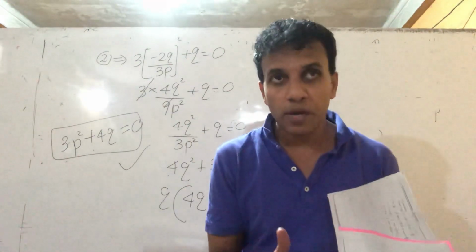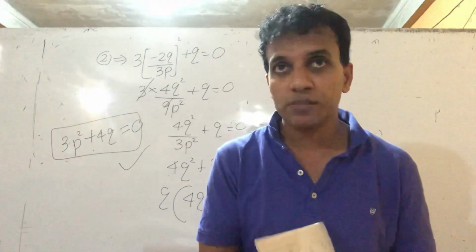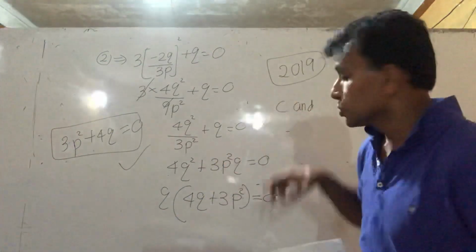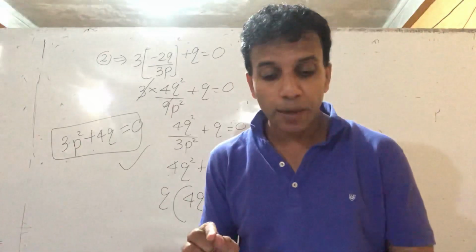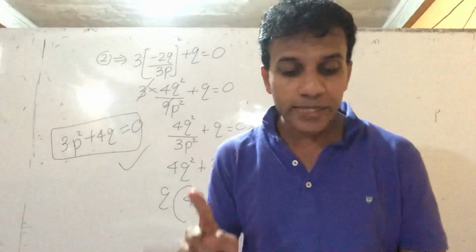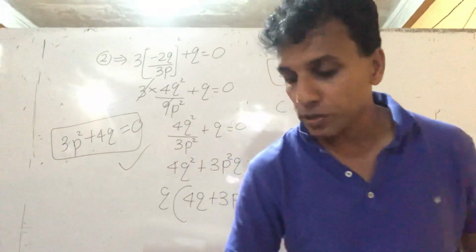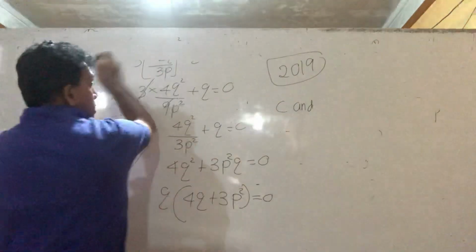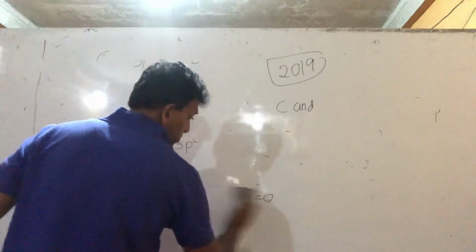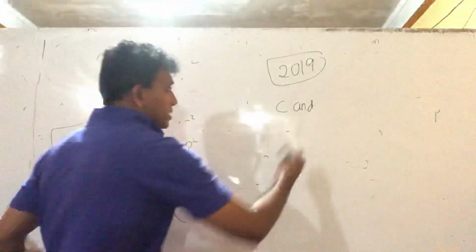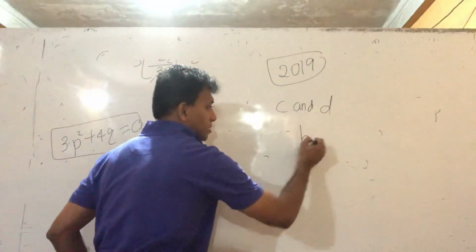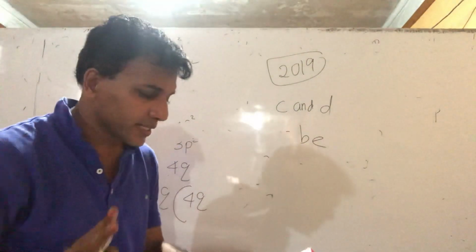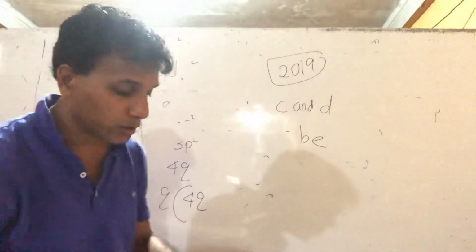A total of 150 marks comes in the exam, right? Okay, so write this: let c and d be two non-zero real numbers. c and d be. B means BE, right? c and d be two non-zero real numbers.